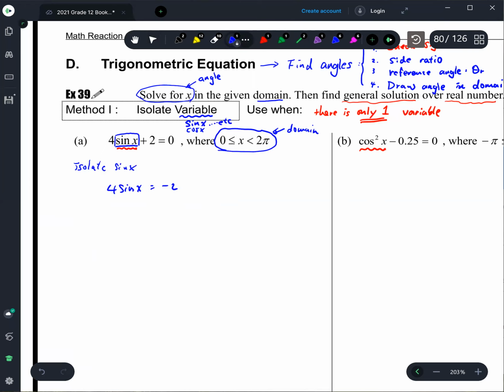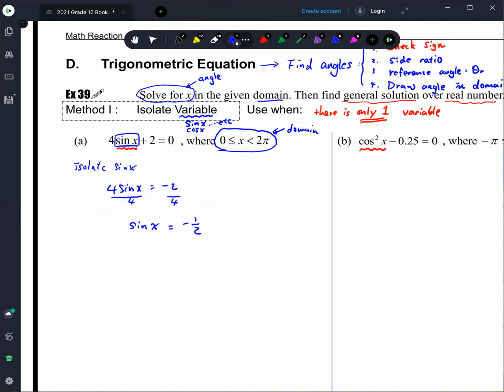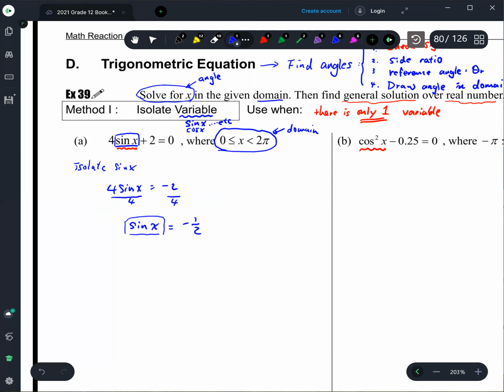Then we divide both sides by 4, so you get sine x equals -1/2. So this is isolated. Sine x is now by itself, but it's still not the x we're looking for.